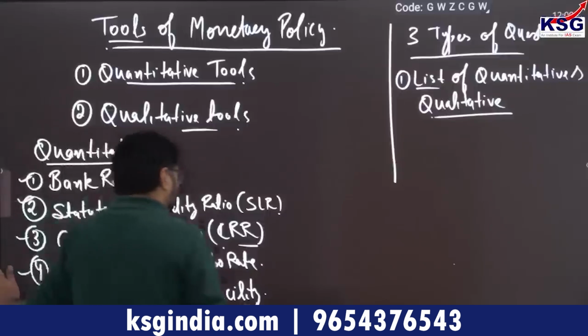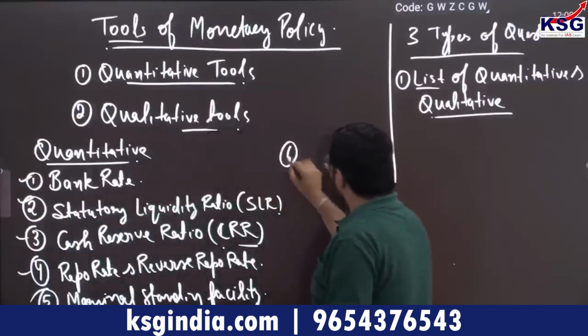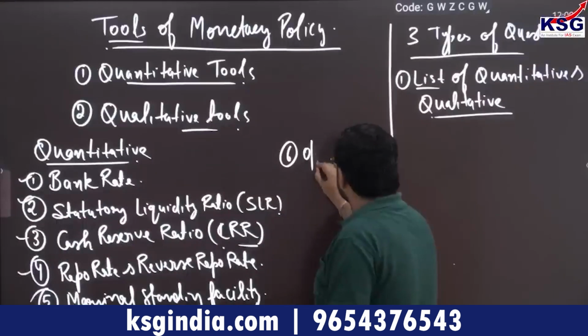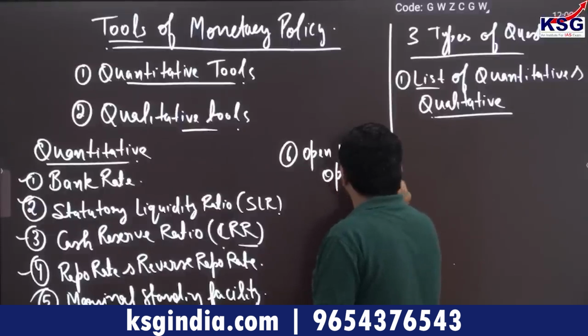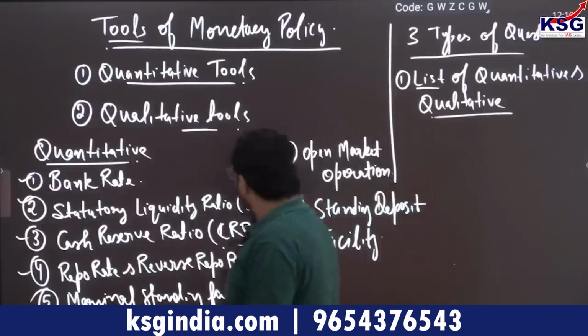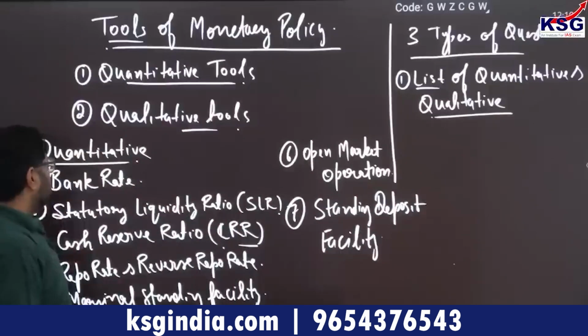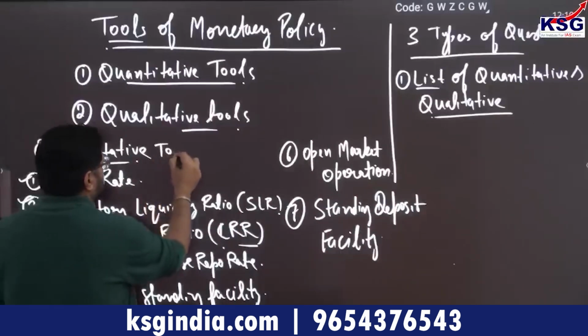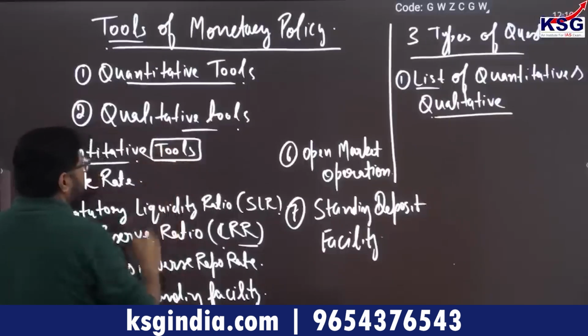Number six, open market operation. And number seven, standing deposit facility. Okay, so these are the 7 quantitative tools.